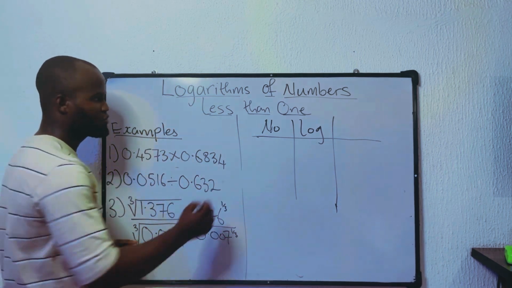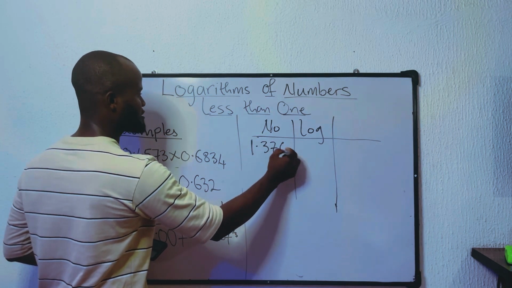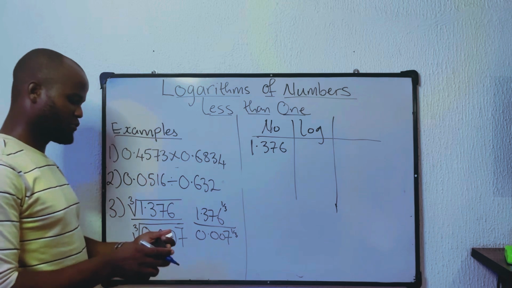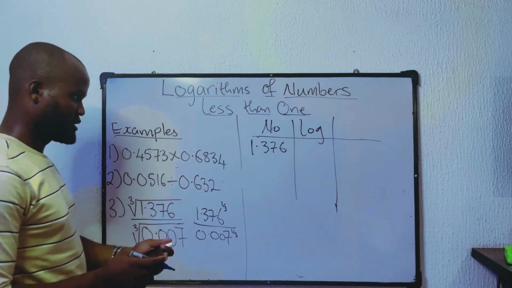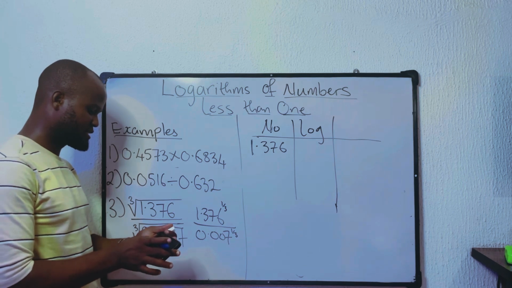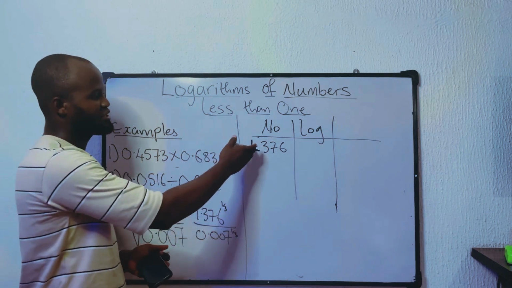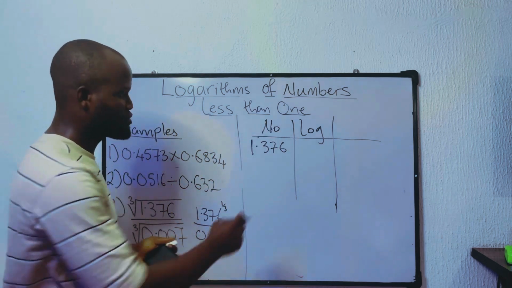So the first step, we're going to write 1.376. So what's the logarithm of 1.376? Log 1.376. I'm punching this directly because it's a number that is greater than 1. So there's no need of writing the bar.